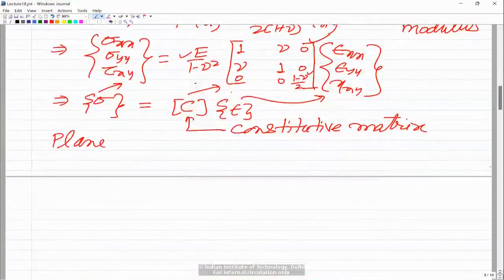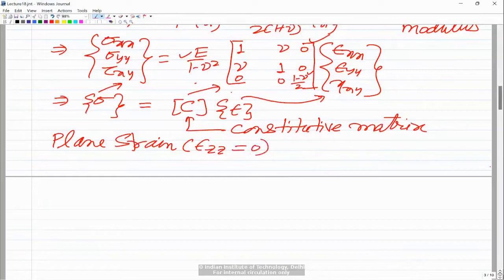So the body doesn't display any relative motion between the points along the z direction. So the epsilon zz remains zero for the plane strain case. So in plane strain, you have epsilon zz equal to 0, and of course gamma xz, gamma yz, tau xz and tau yz are anyway 0. So this is known as a plane strain condition.